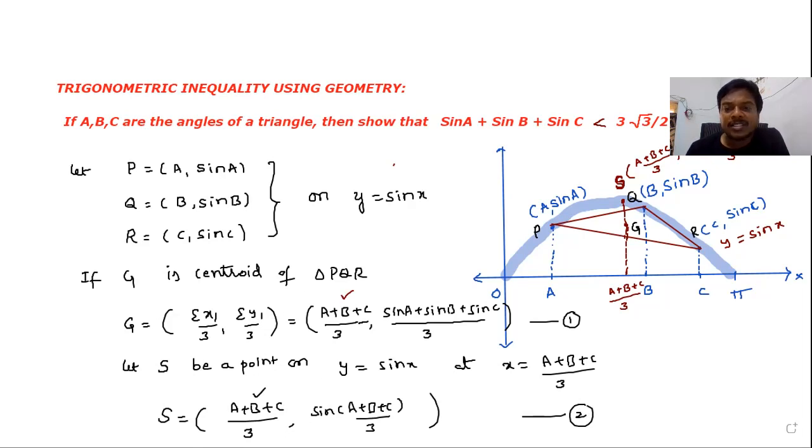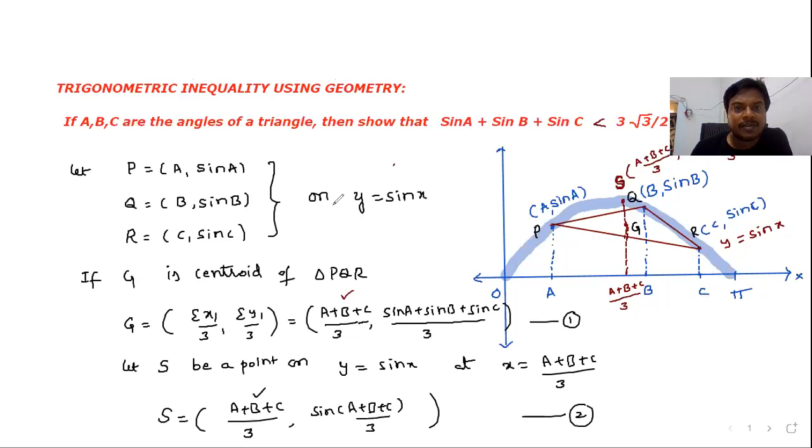Observe the 2 points G and S. The x coordinate is the same, but there is a difference in the y coordinate. And clearly, the y coordinate of S is more than the y coordinate of G. From the figure, it is very clear that, observe, the x coordinate is the same but there is a difference in the y coordinate.